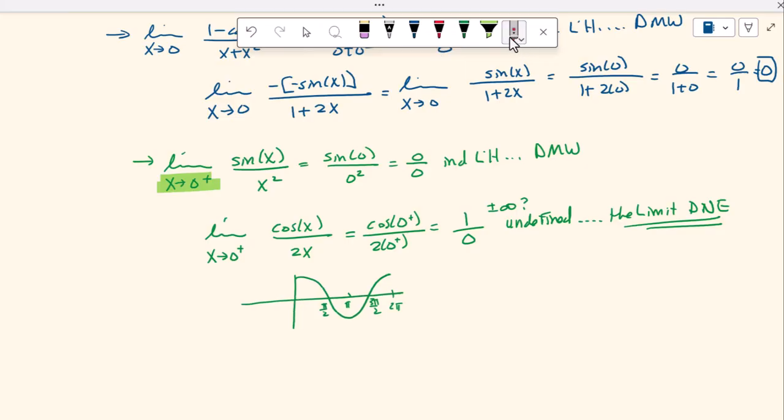Well, as we approach from the right and we get closer and closer to 0, you can see that all of my cosine values are positive. Now in the denominator, as I approach from the right, all of these values will be positive as well. So this ends up being some positive over positive until we get to that actual point. So what we can say here is that this limit is definitely undefined.